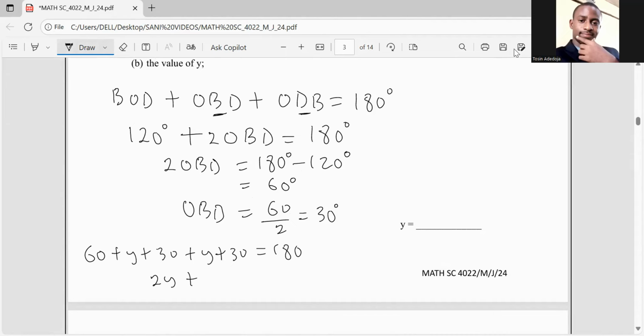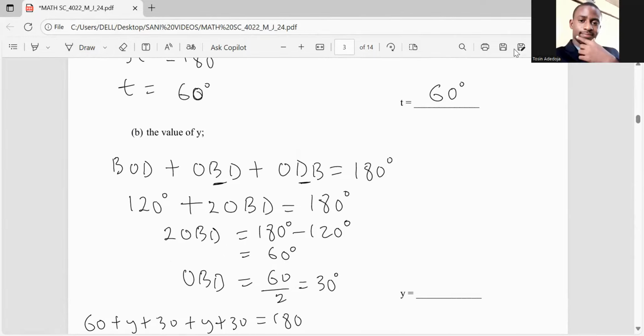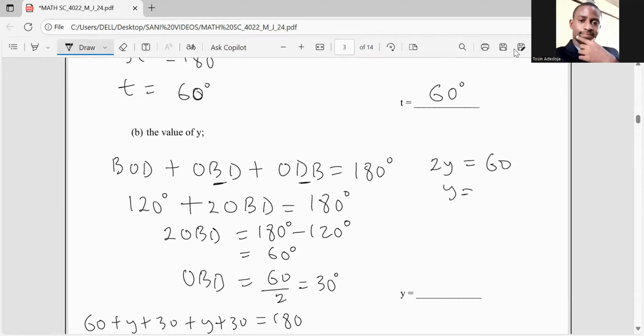So 2y plus 120 equals 180 degrees. So 2y equals 60 degrees. y is 60 over 2. So therefore our y is 30 degrees.